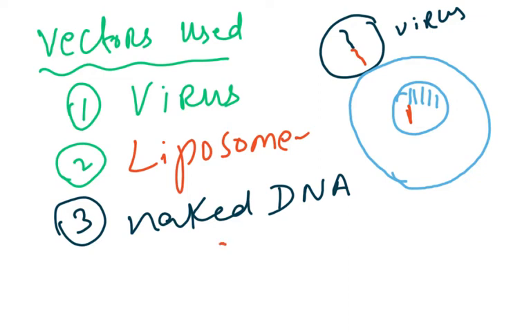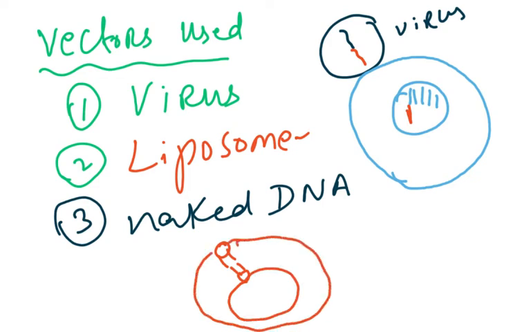Liposome is what? It's a circular bit, like a little ball made up of a phospholipid bilayer. So the phospholipid bilayer will then fuse with the cell membrane of the human cell or the animal cell, wherever we want to use gene therapy for, but we're usually using it only for treating human diseases at the moment.